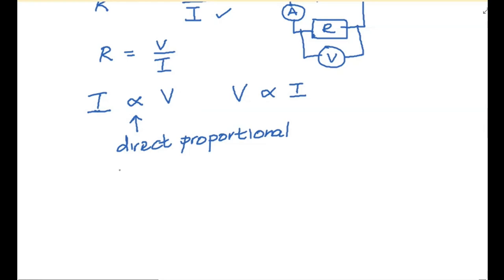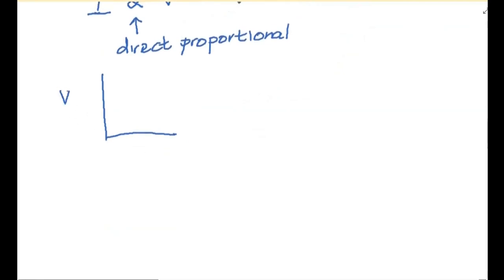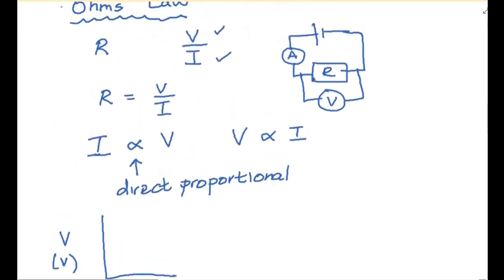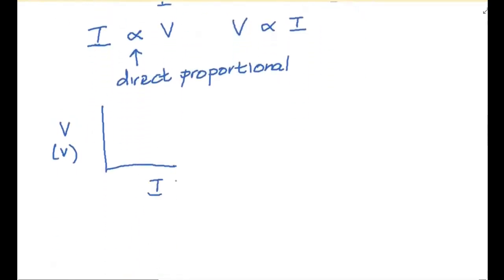It means that I'm able to draw a graph of the potential difference across this resistor, looking at the circuit that I've got here, against the current through the resistor. If they're directly proportional, I'm going to get a straight line through the origin.